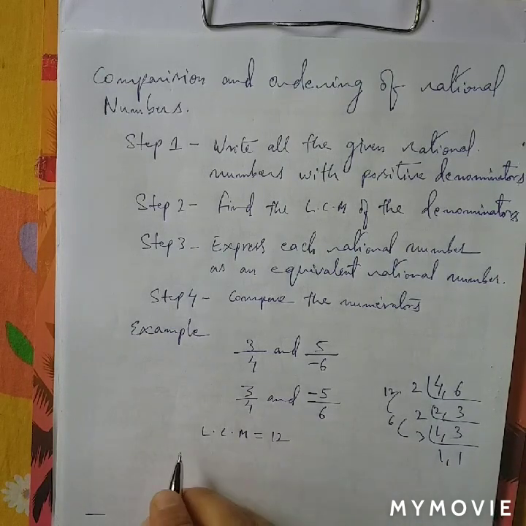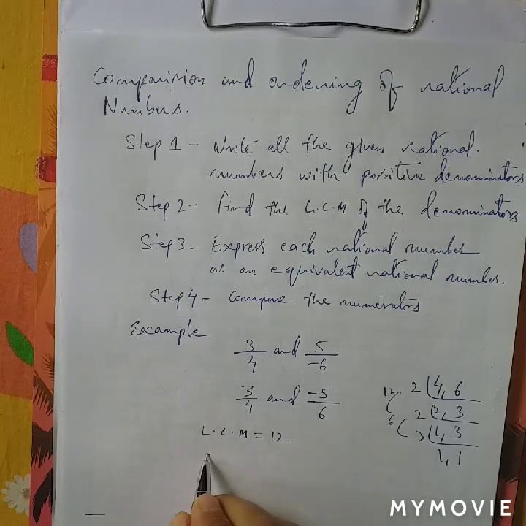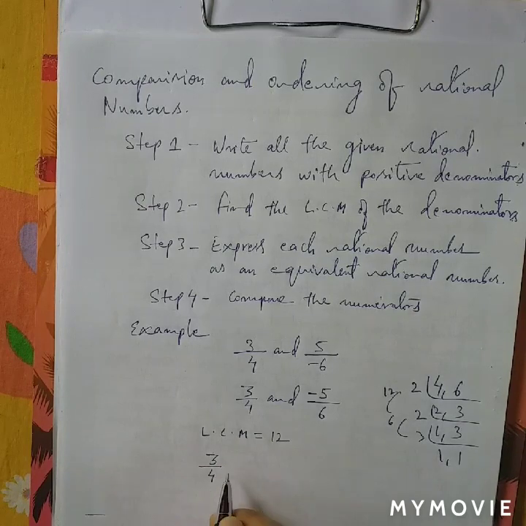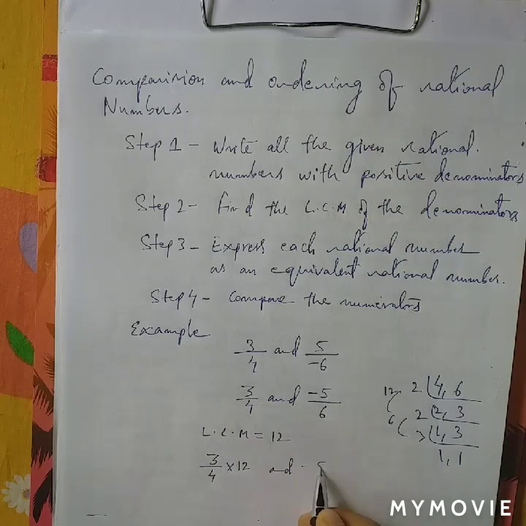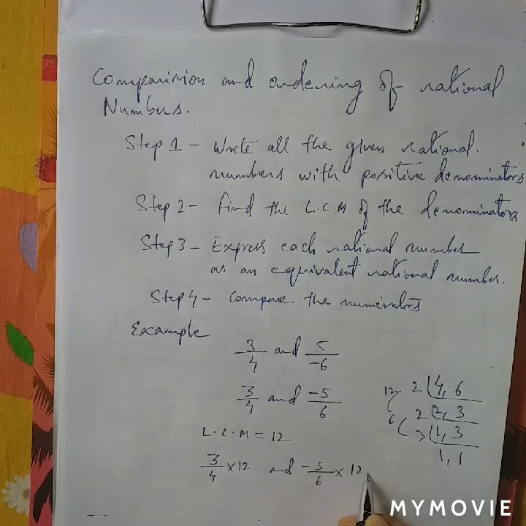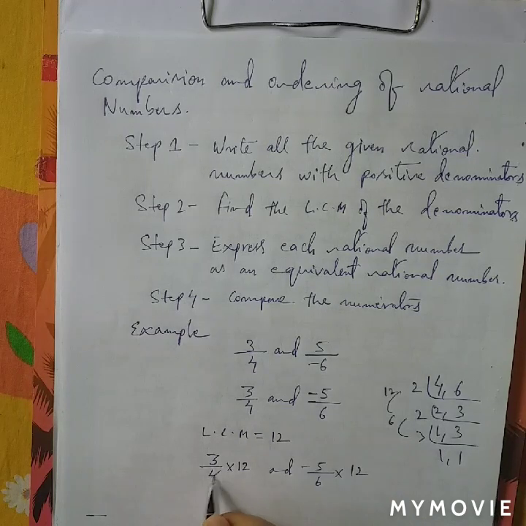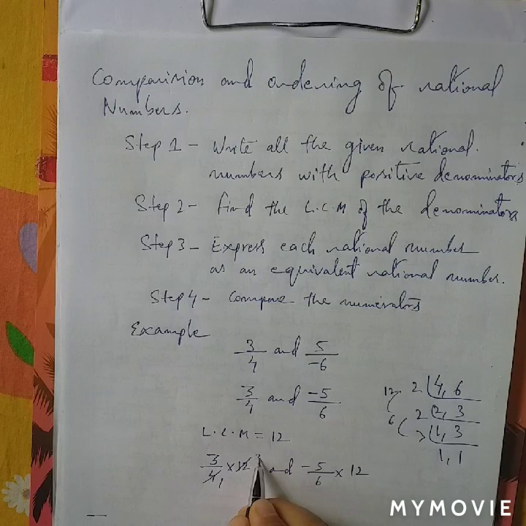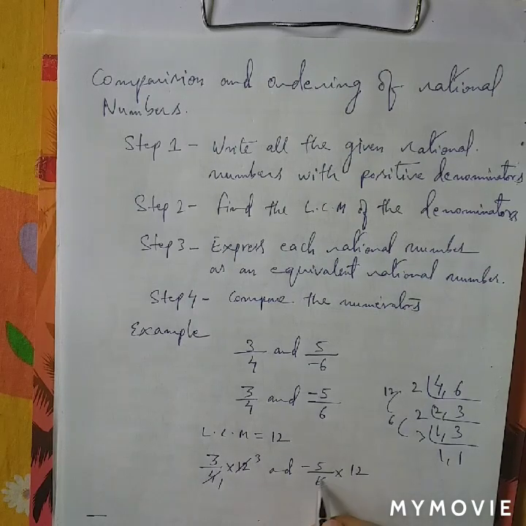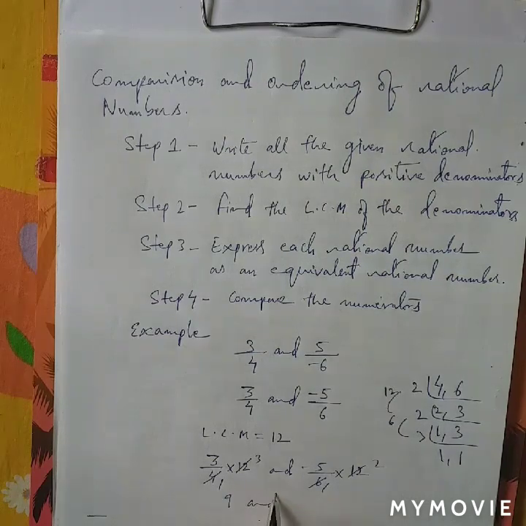Now we have found the LCM, step number 2, LCM is equal to 12, isn't it? So now we have to make equivalent fractions by multiplying with this 12. So here how much? 4 3s are 12, 6 2s are 12. So here 3 3s are 9 and this one is minus 10.